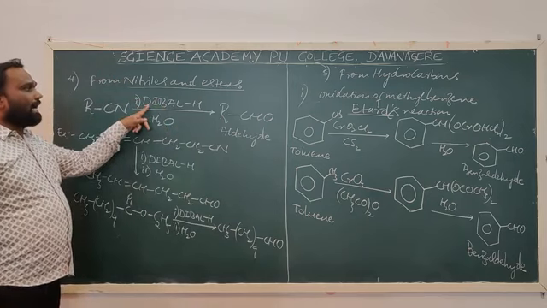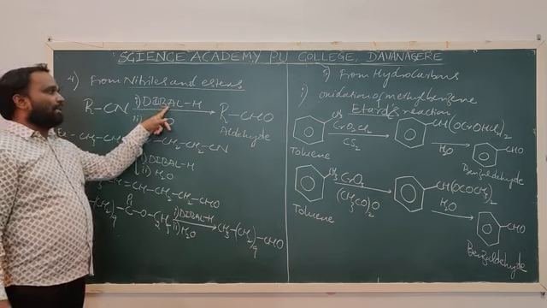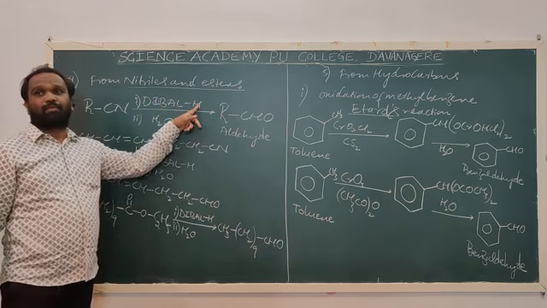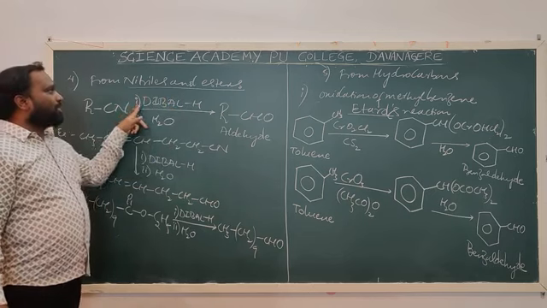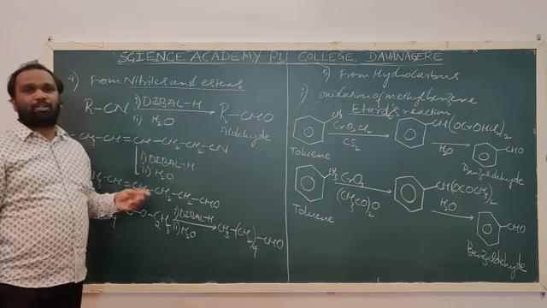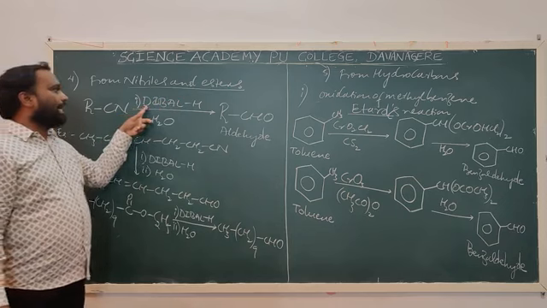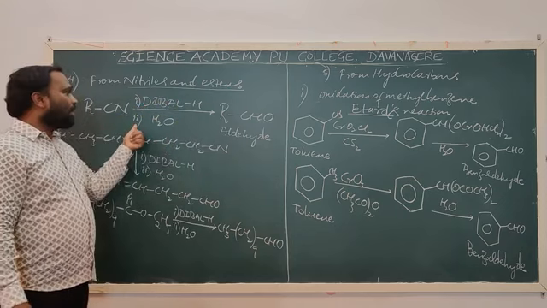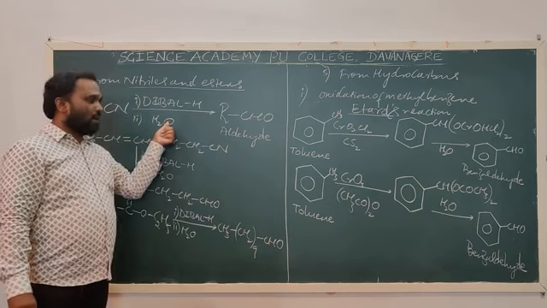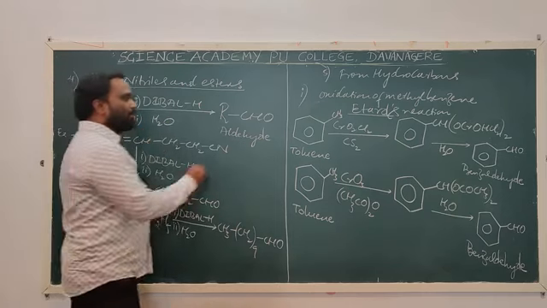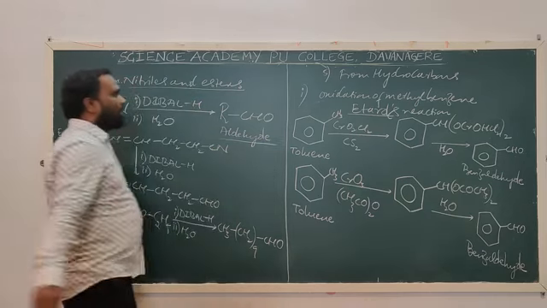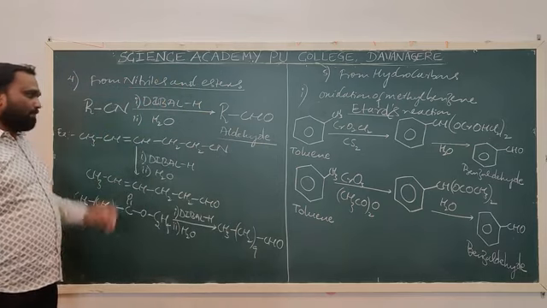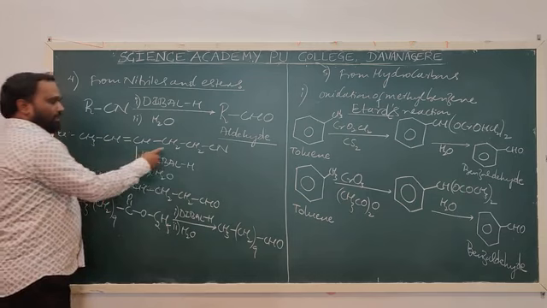It is diisobutyl aluminium hydride. The reducing agent used in this reaction is diisobutyl aluminium hydride followed by hydrolysis giving aldehyde. The important thing is the reducing agent. For example, this is the reaction.